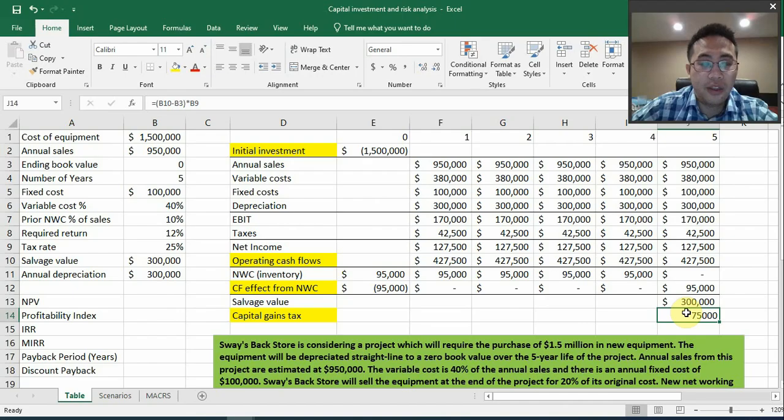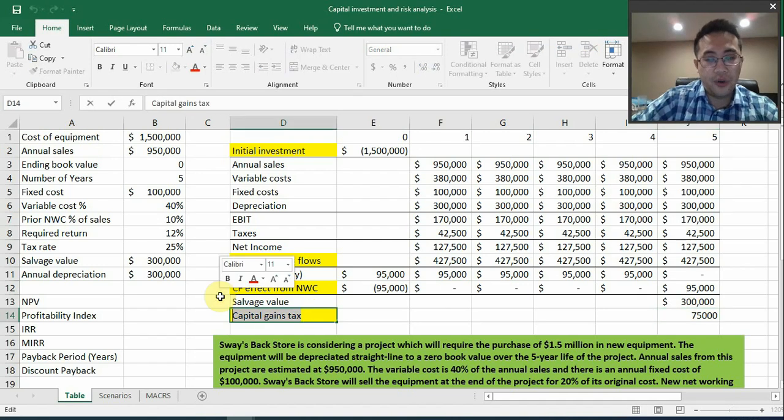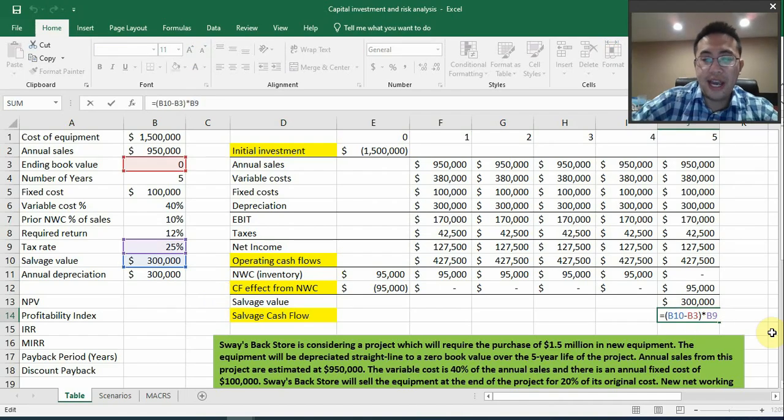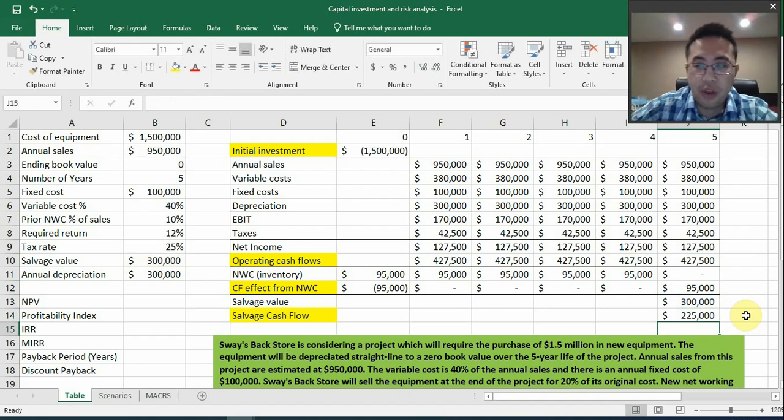The salvage cash flow here will be paid, and I will change this label to terminal cash flow or salvage cash flow. I will use the salvage value received from selling the machine minus the capital gains tax. That's the formula, and that's the fourth component.